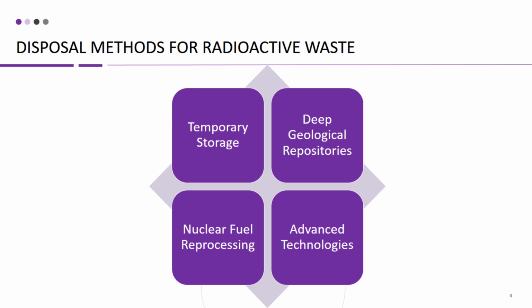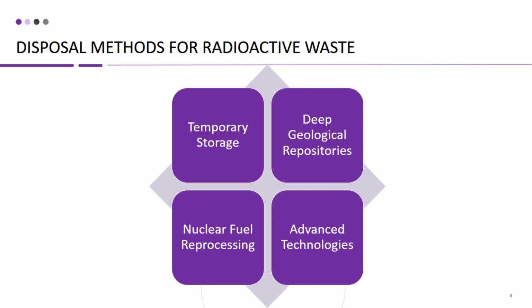The waste is then placed in layers of rock formations, such as clay, salt, or granite, that are geologically stable and expected to remain intact for thousands of years. Multiple barriers, including engineered barriers such as containers and natural barriers like geology, are used to prevent the release of radioactive materials into the environment.